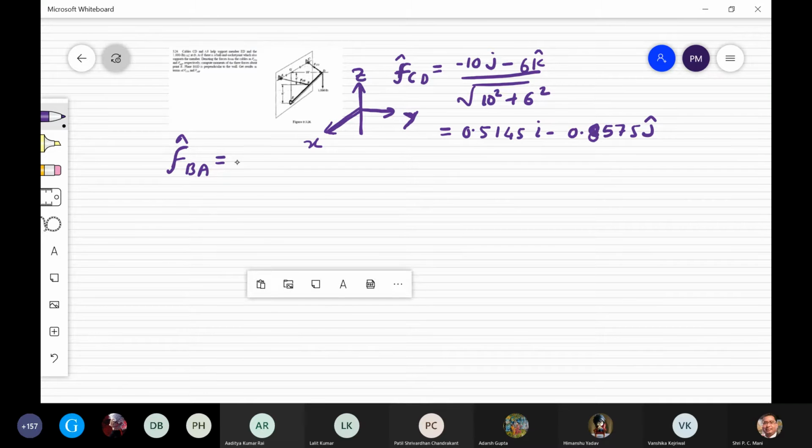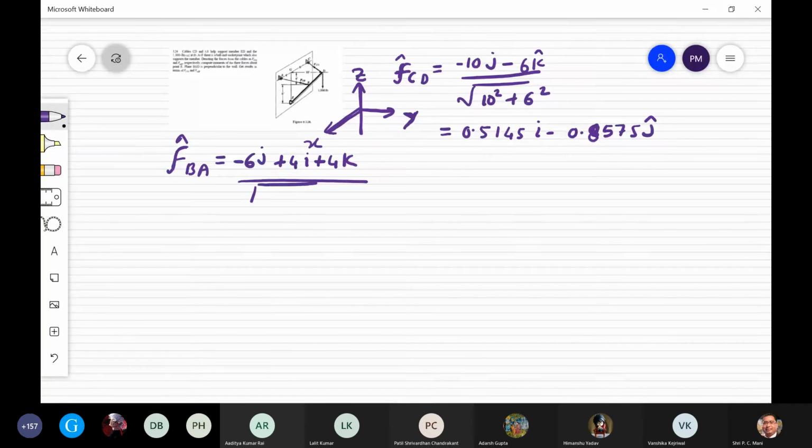So that is minus 6j, okay, 6j plus 4i plus 4k under root 6 square 4 square 4 square.